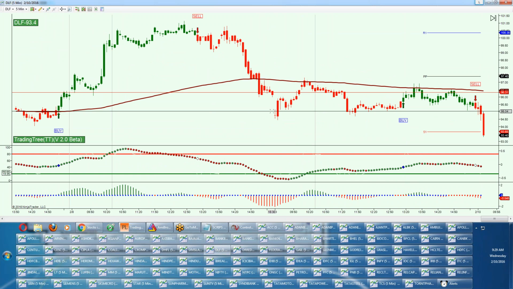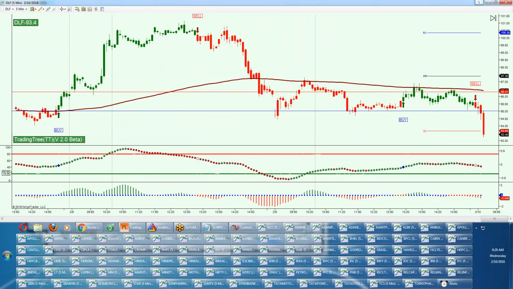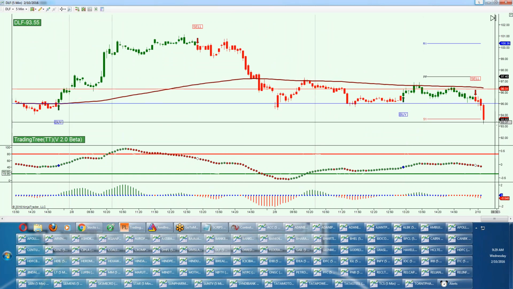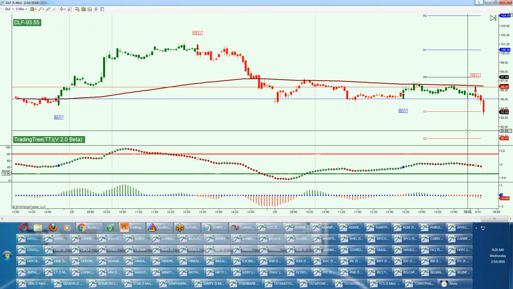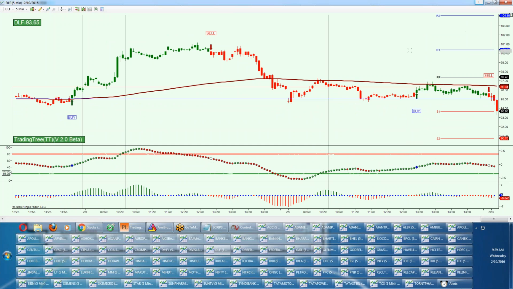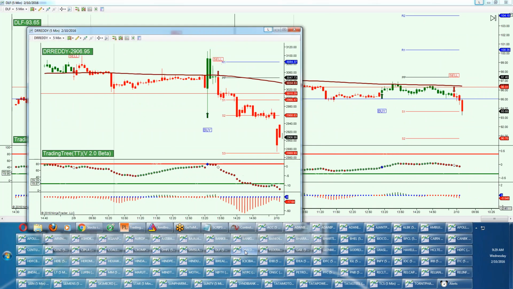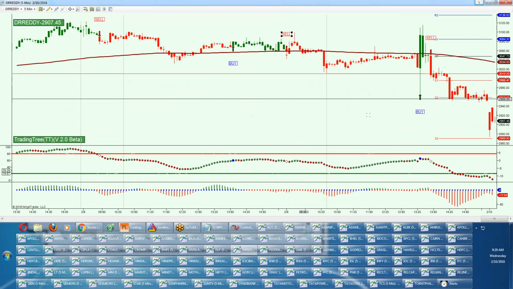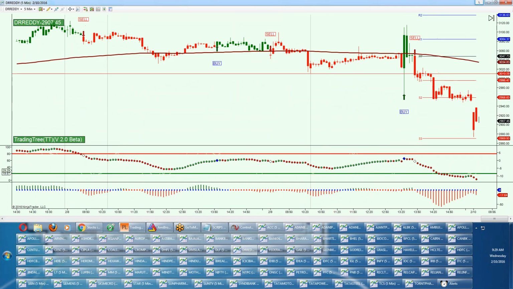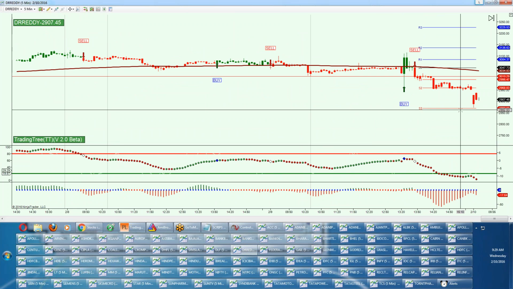DLF is already down, we will not check that. And that's the price for DLF. Dr. Reddy, we can short it below this S3.